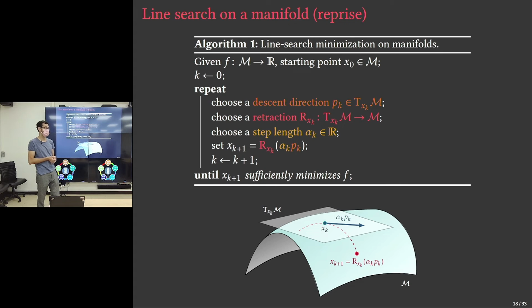If we choose the anti-gradient, we get the steepest descent method. If we choose other directions, like we will see later, we can get, for example, a Newton method or a quasi-Newton method. But the framework is always this algorithm for these line search methods.